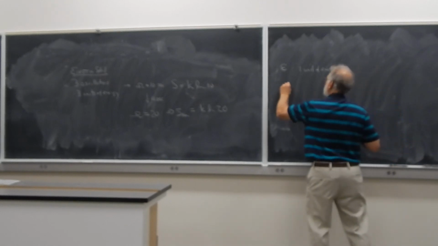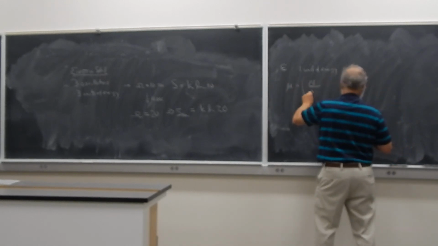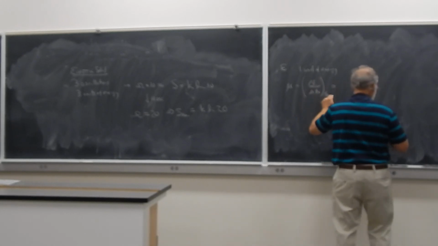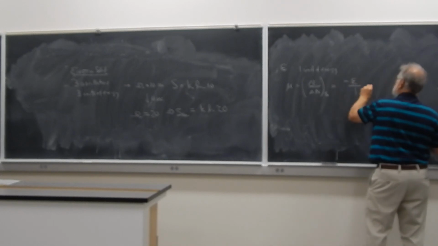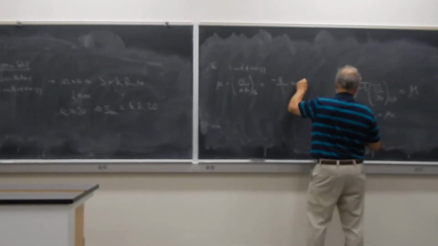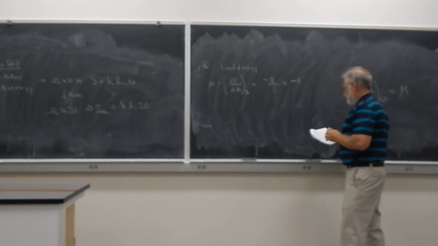So I can say my chemical potential is equal to my change in energy divided by my change in number at constant entropy, which is going to be equal to minus E, because that's what I'm removing. My entropy stays constant. I'm removing one particle, and that, of course, is equal to minus E. So that would be my chemical potential.